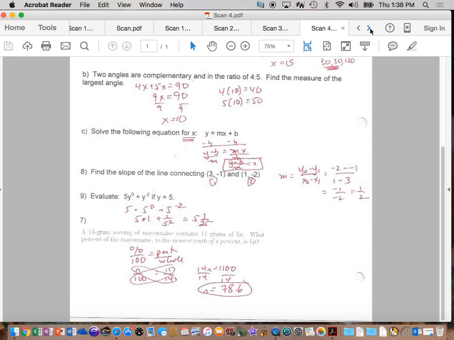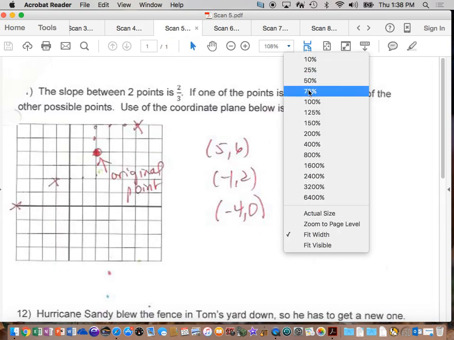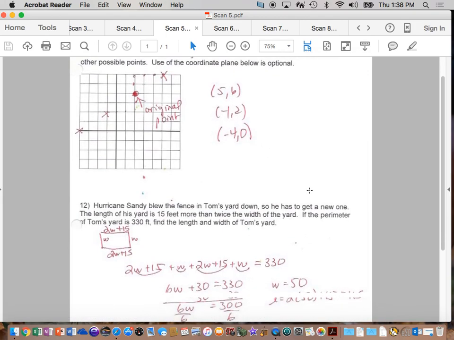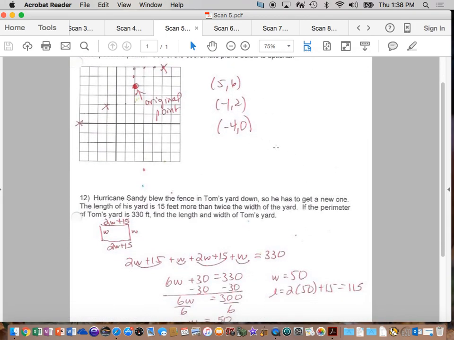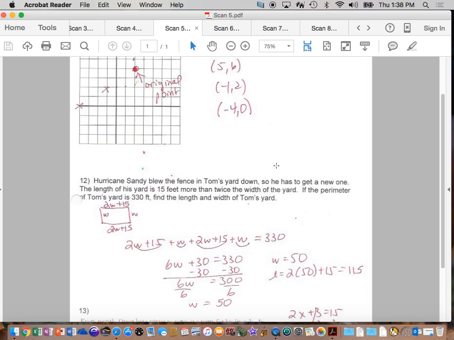All right. Any of those 3 points works for the first one? And there's the next one, the fence problem we went over yesterday. Had an ugly answer yesterday. Today it works out nice and even. Any questions on that one? Either of those? Okay.